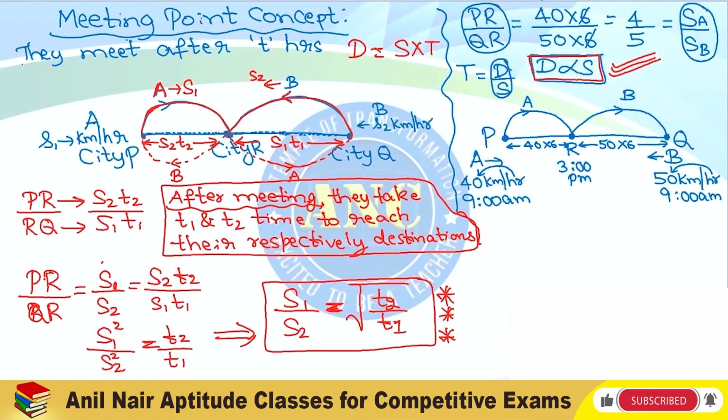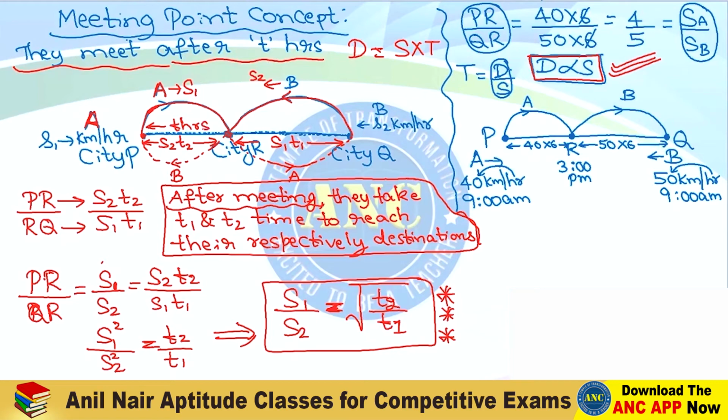Now you might also get one more doubt here. Sir, you said that they meet after T hours, right? How to calculate that T value? That is my next explanation, which I will do right now. From P to R, A has traveled for T hours before meeting. Similarly, from Q to R, B has also traveled for T hours.